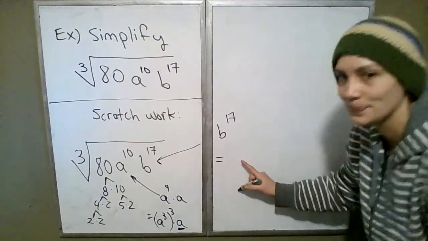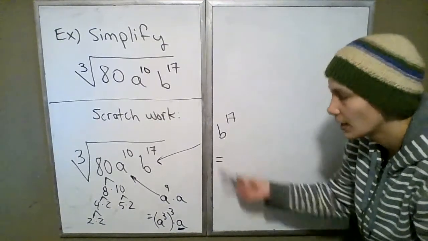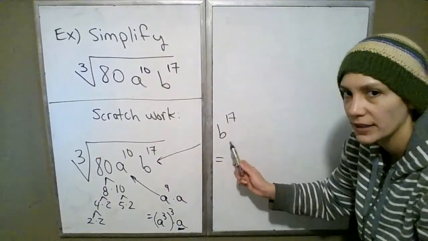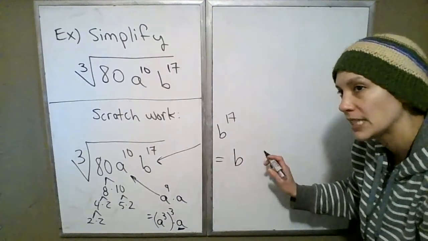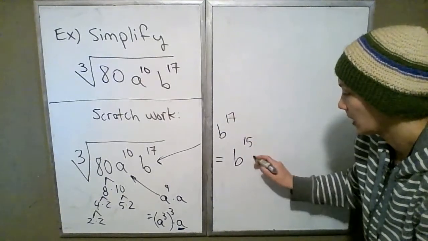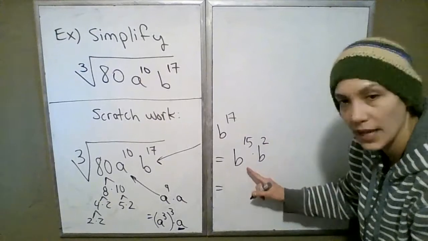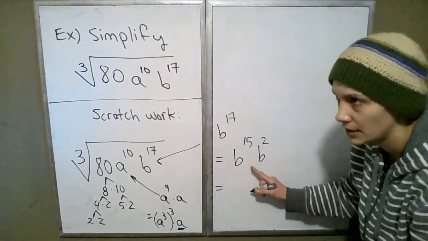b to the 17th. I want to have a cubed root somehow as one of my factors. So if I have b to the 15th, b squared, I can write that part as b to the 5th cubed.